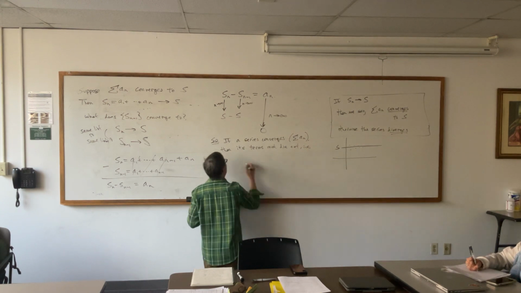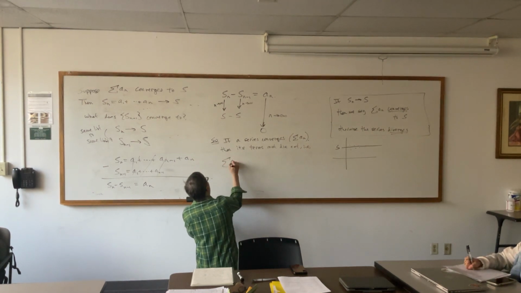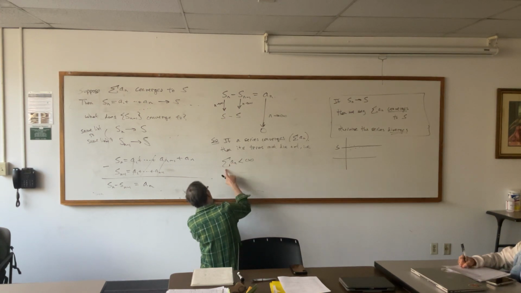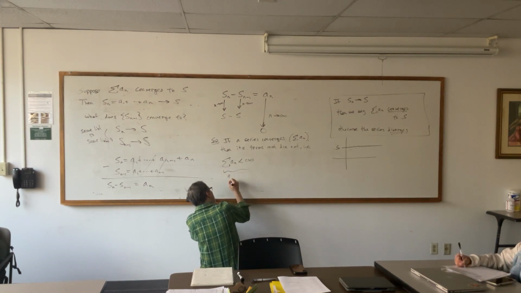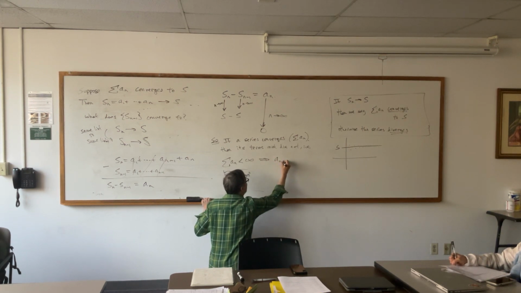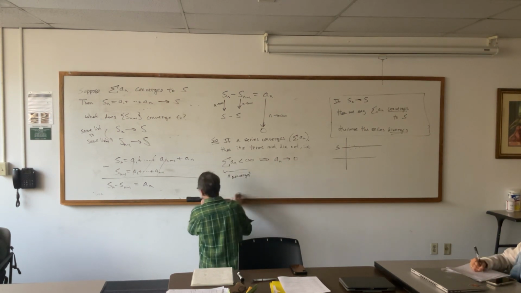I'm going to show you a nice little bit of notation. To write that this converges, just say it's less than infinity. That implies that the terms go to 0.